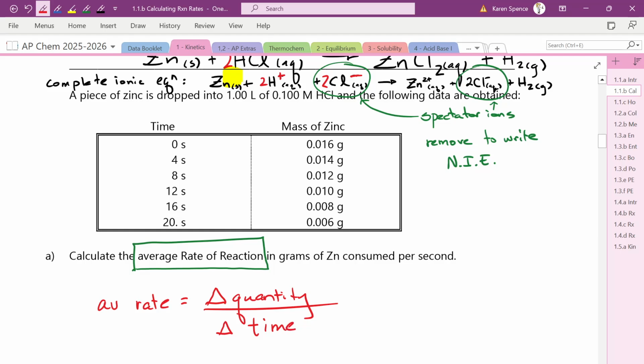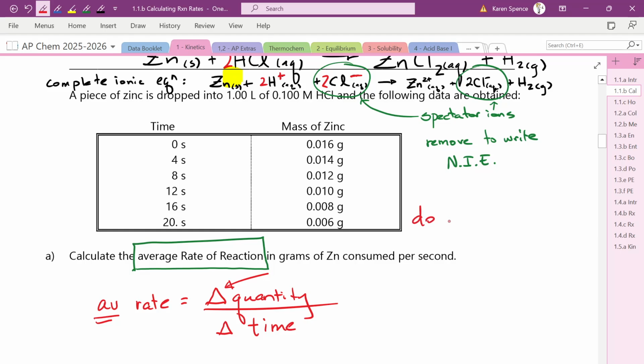Did you guys do that in physics? When you were finding average velocity, you would find the distance at the end minus the distance at the start, and then do delta d over delta t. Same thing, when we are finding an average rate, you're always going to do the change in the quantity over the change in the time.